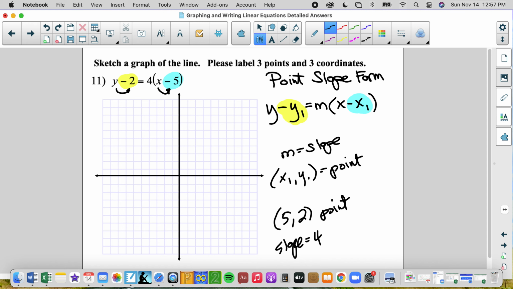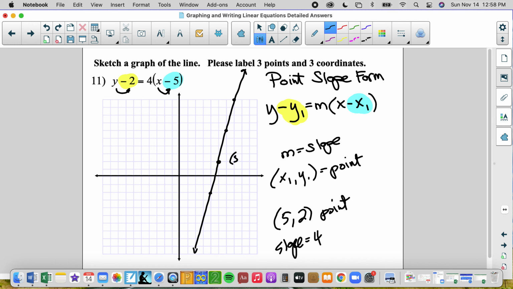So I'm going to plot that point, 5, 2: 1, 2, 3, 4, 5 on the x, and then 2 on the y. Now I have a slope of 4, that's up 4, right 1. Up 1, 2, 3, 4, right 1, or we could have gone down 4, left 1. I don't mind which direction. You just need 3 coordinates.